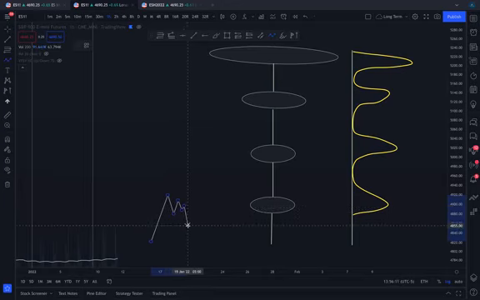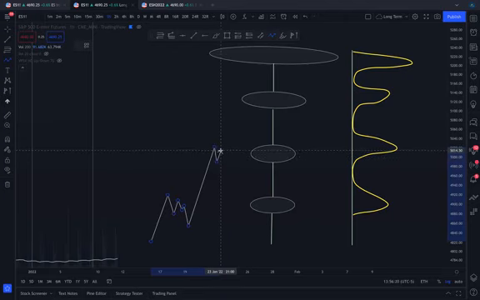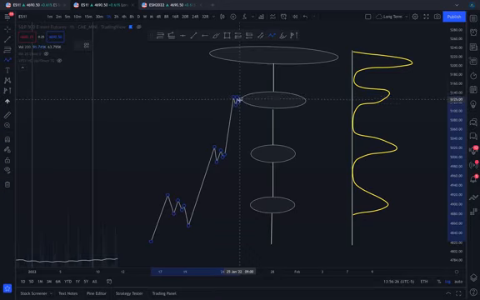Sometimes it might even poke its way down. Like I said, it might test a lower liquidity pocket before eventually continuing up, hitting those limit orders, churning around, continuing up, hitting limit orders. I'm running out of space here. Again, it might come down and test the top of this and then continue up again.